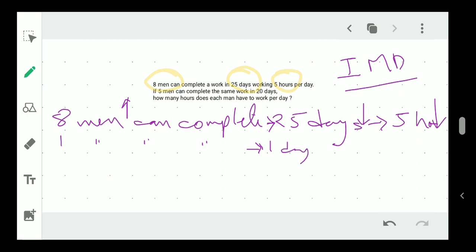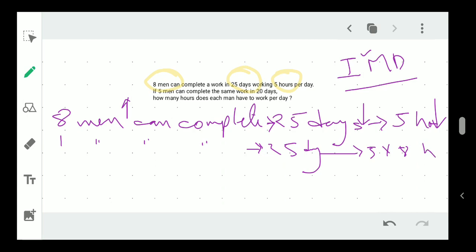Okay, let it be 25 first, in the next step I will do that. So if one man is doing it in 25 days, then the multiplication will be first, so 5 hours into 8. Okay, this much hour will be taken.